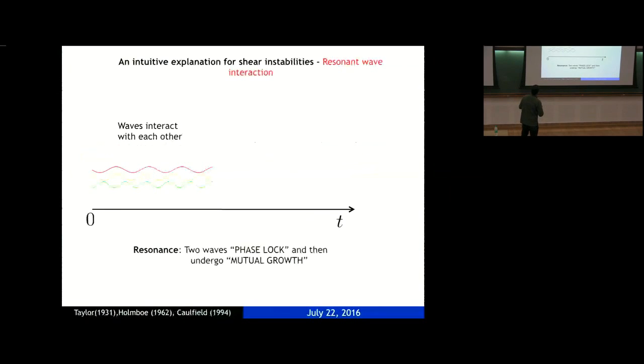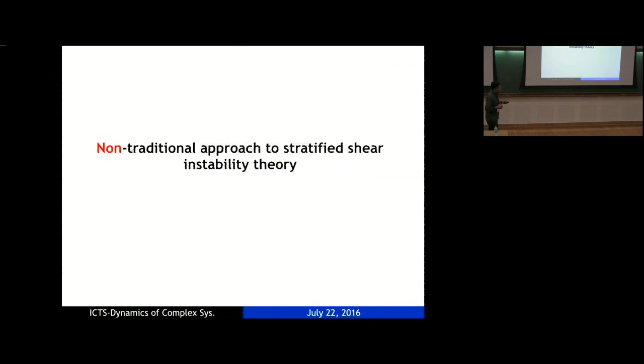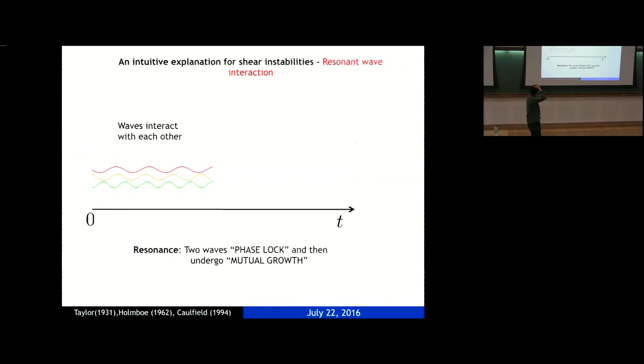So this is, I'll say, the non-traditional approach to stratified shear instability, and it is kind of an intuitive explanation of it. They call this the resonant wave interaction. Some of these things were actually proposed by Taylor or Holmboe. These are some big names, but there was no mathematical description; these were mostly hypotheses.